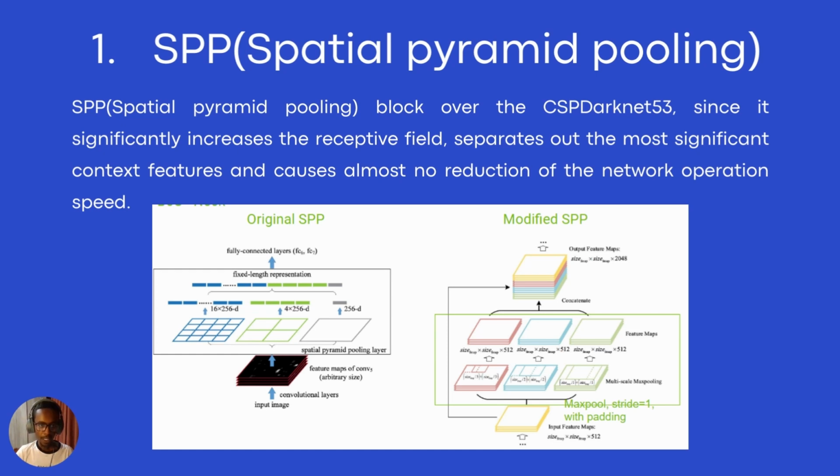And then we convert them into a one-dimensional vector and concatenate them together. And when we do this, we can use a different input size for our network.